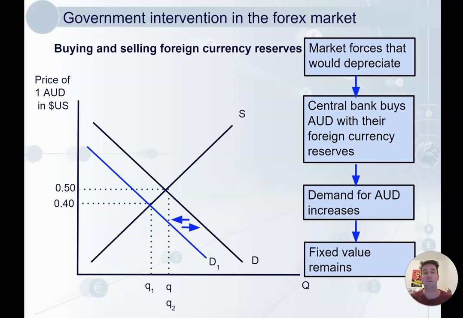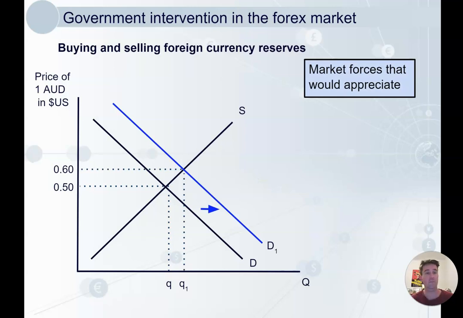If they buy Australian dollars, the demand for Australian dollars increases and they can maintain that fixed value of the dollar at 50 cents, right? It is as simple as that. They just counteract the force. So that's one way of doing it. They buy their own currency.